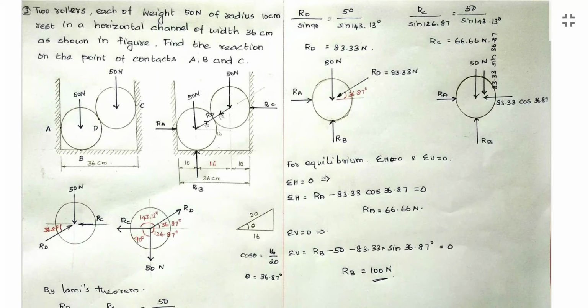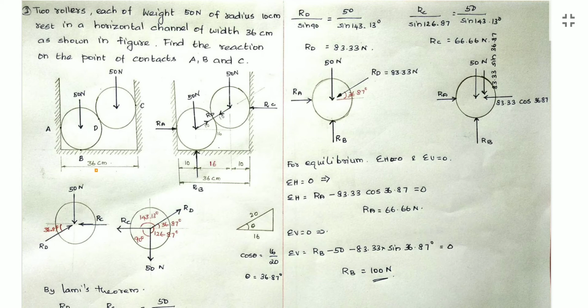Two rollers, each of weight 50 Newton and radius 10 centimeter, rest in a horizontal channel. So these are two identical rollers, radius also given, 10 centimeter. The two rollers are resting on a horizontal channel of width 36 centimeters.